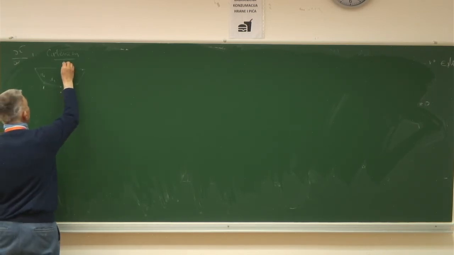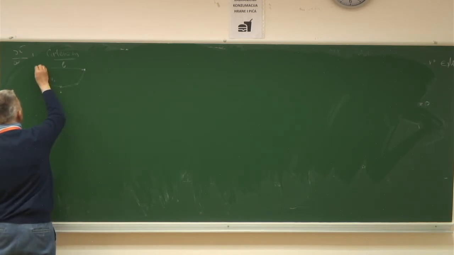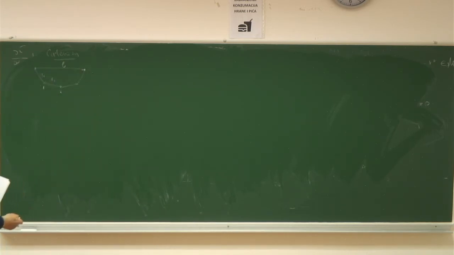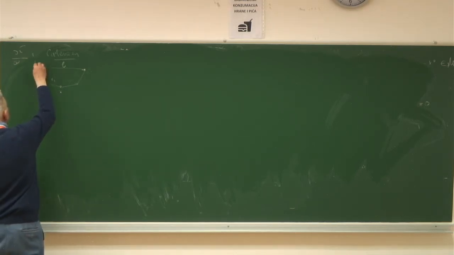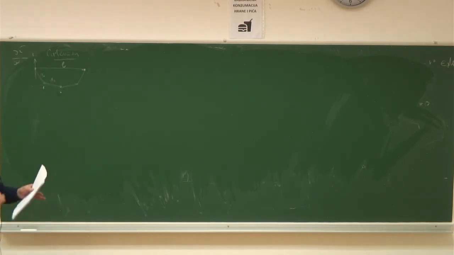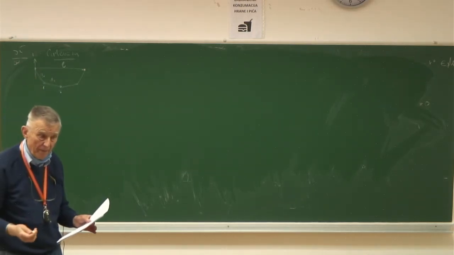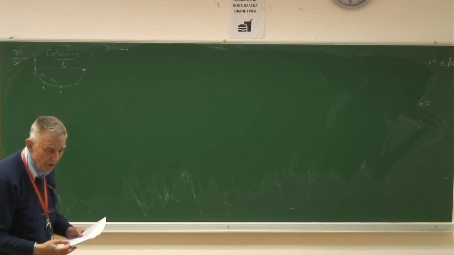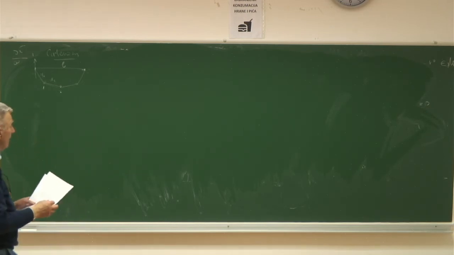And this is some L, the length, where you have the distance between the points where the catenary is hanging. And we have already defined the manifold before. I will just recall.